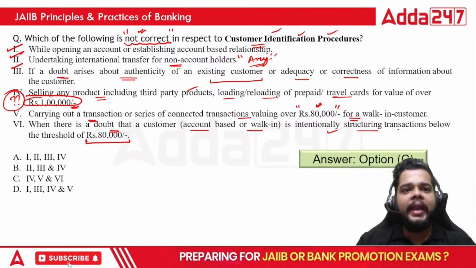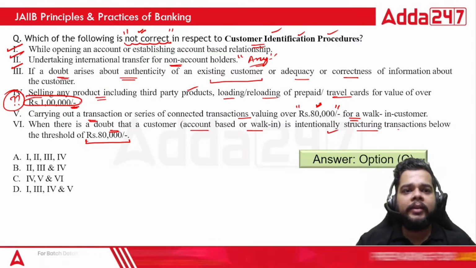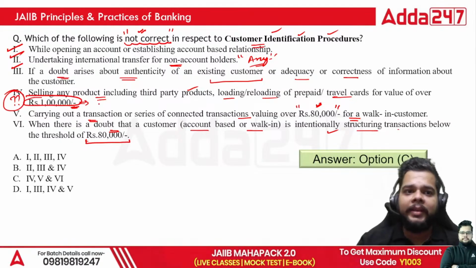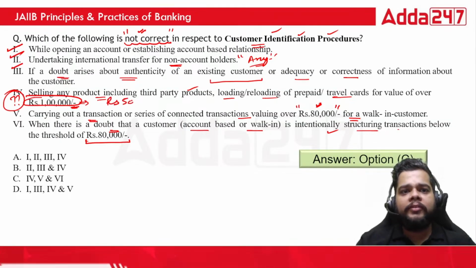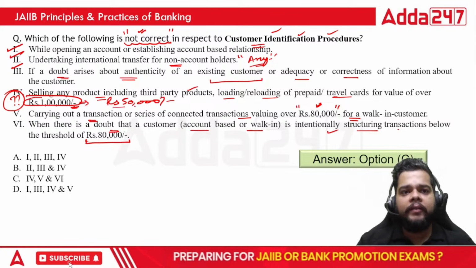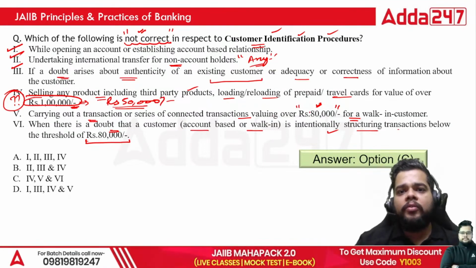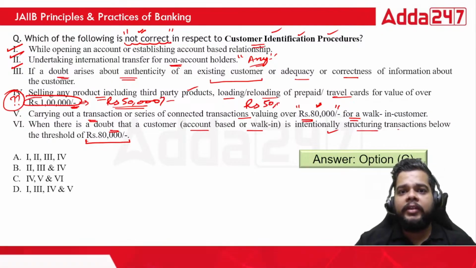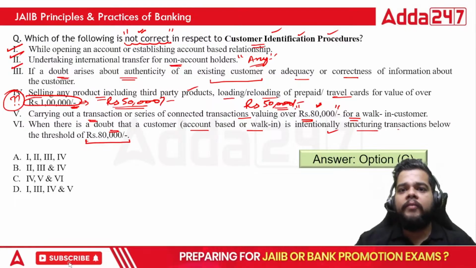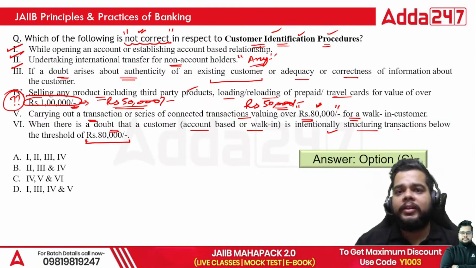But for selling any product, including third party product or prepaid cards you are reloading, the amount was what? Rupees 50,000. And when I talk about the transaction or connected transactions of value not over 80,000, but rupees 50,000 or beyond will be taken care of, and that will be taken into account for the CIP.